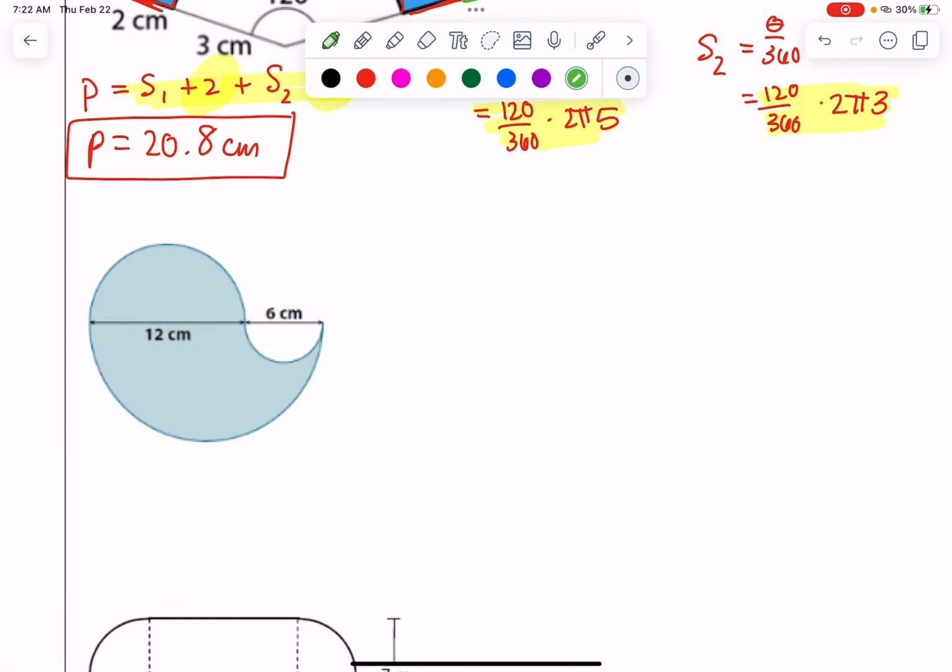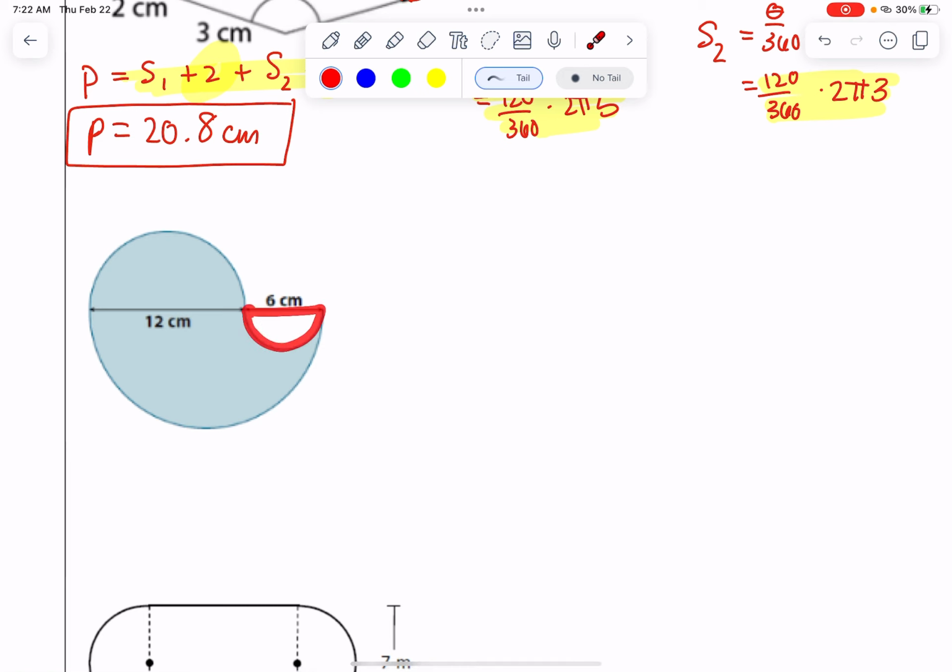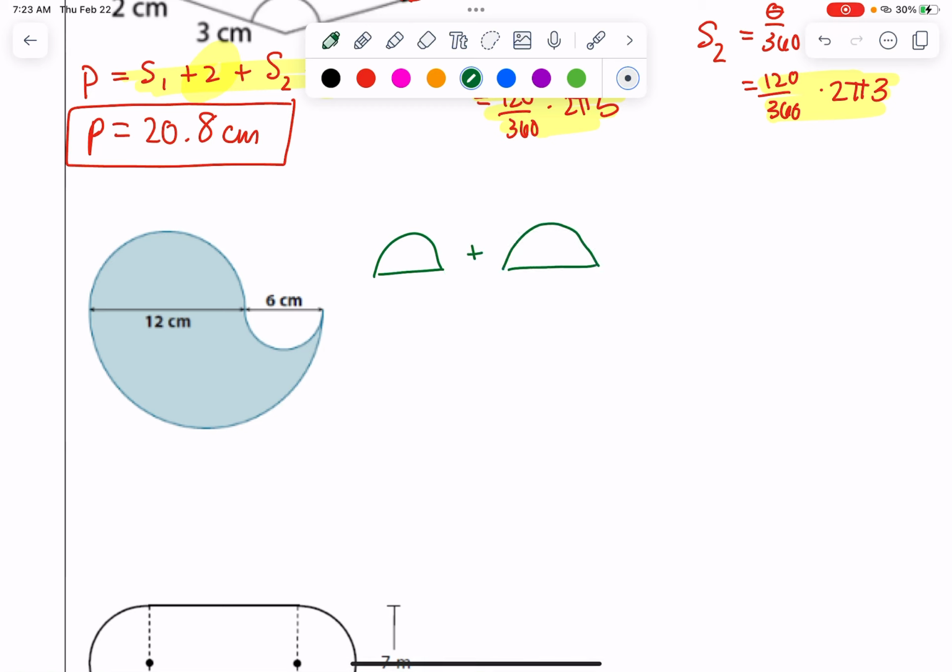When you look at this next shape, what do you see? Here's what I see. I see a semicircle. I see another semicircle. And I see a really big semicircle. So when I'm looking to do the area of this, I think that I have a small semicircle, and then I'm going to add a really big semicircle, and then I'm going to subtract a little bitty semicircle.